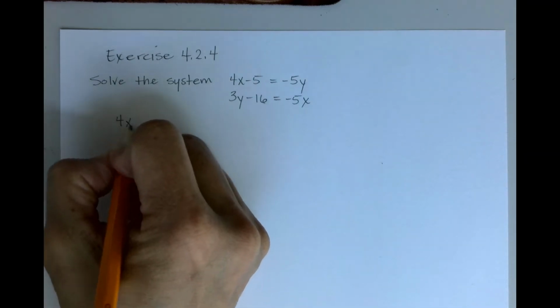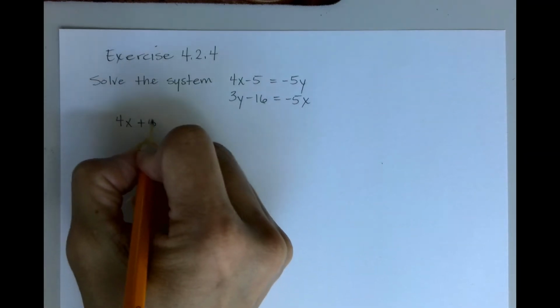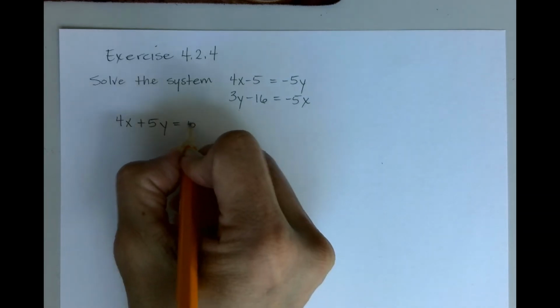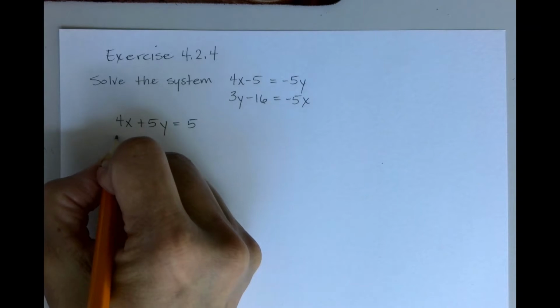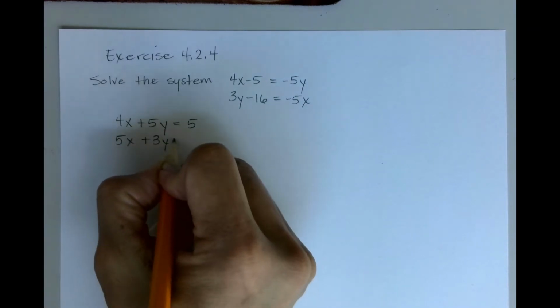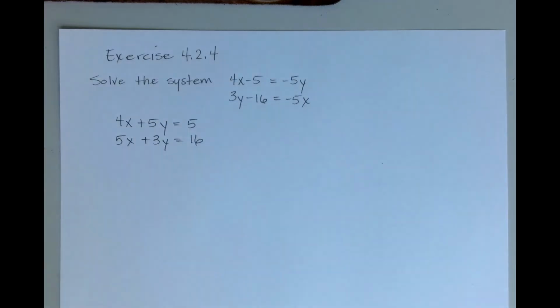So we have 4x, the 5y will come over as plus 5y equals 5. And then we have 5x plus 3y, and the 16 will go over and become positive 16.